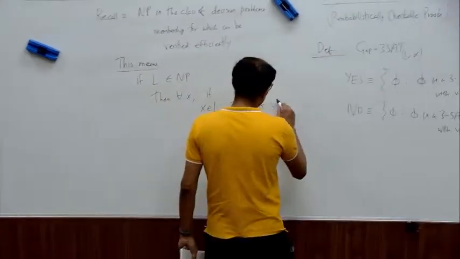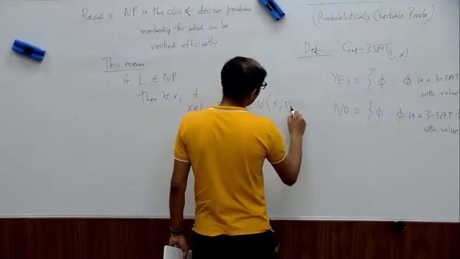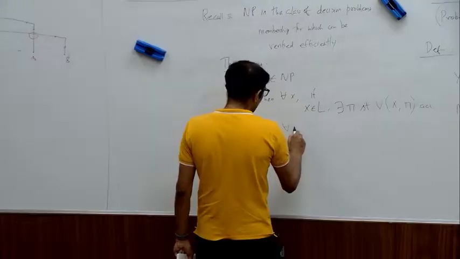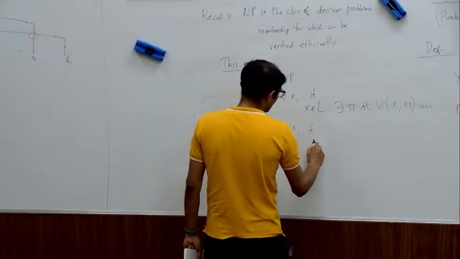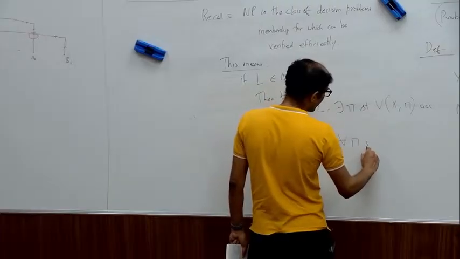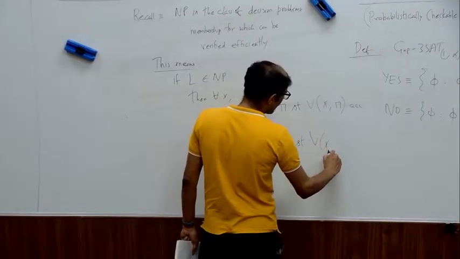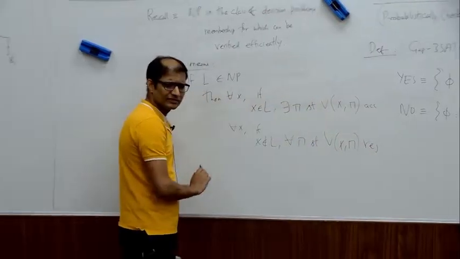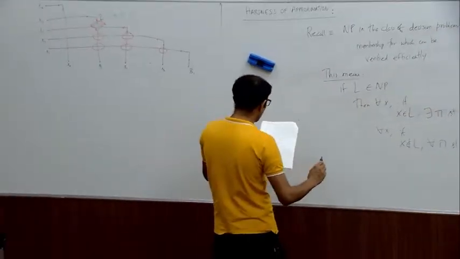If the verifier is given the 3-SAT formula and the assignment pi, the verifier will accept. And for every x that is not in my language, no matter what assignment you try, I, the verifier, will reject. The classic thing, nothing deep going on here.